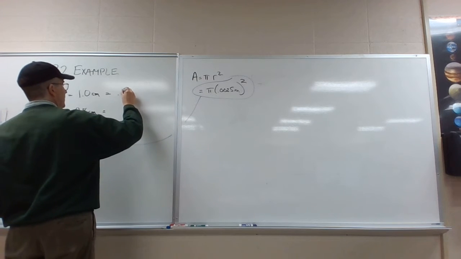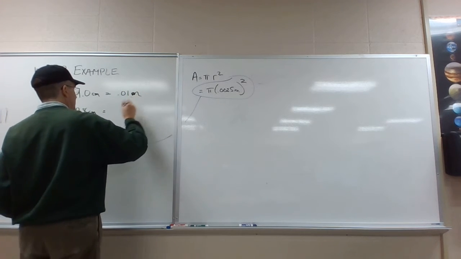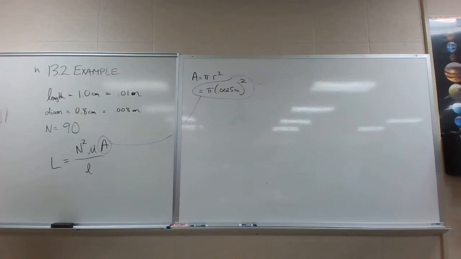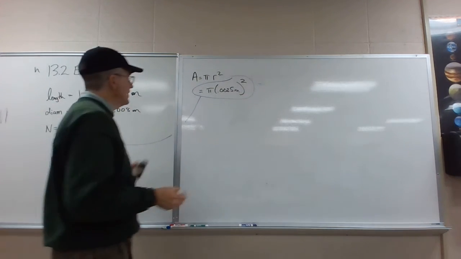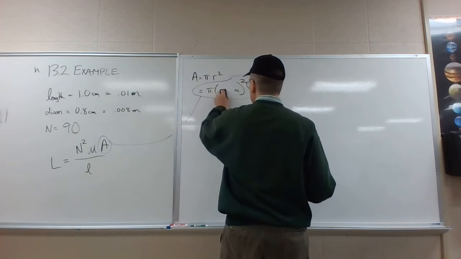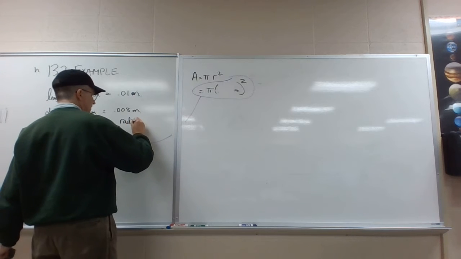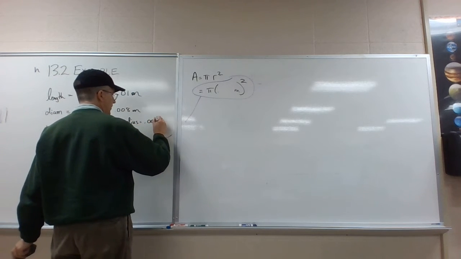So that's 0.01 meter. That's 0.008 meters. The radius is going to be half of this. Radius is 0.004 meters.